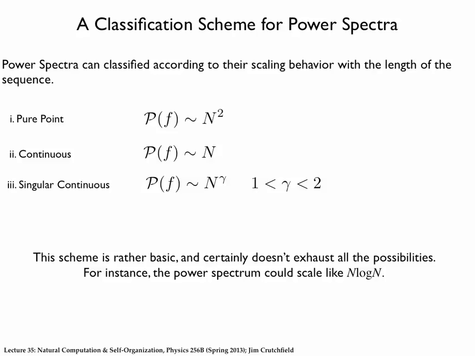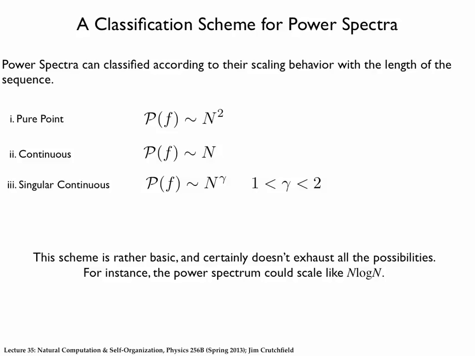For some processes, there will be parts of the spectrum that are point-like, and what this means is that as I increase the length of the sequence, the number of terms in my sequence, the power spectrum at a particular frequency will sometimes grow as the square of the number of terms in the sequence. This gives rise to something that we think of in terms of delta functions. They're really points, and they're very, very sharp in the diffraction spectrum, if we look at them.